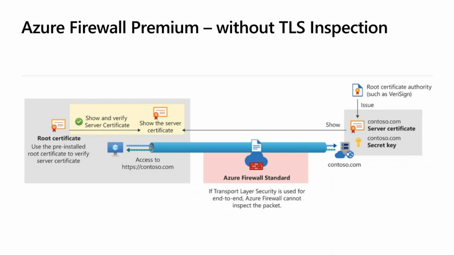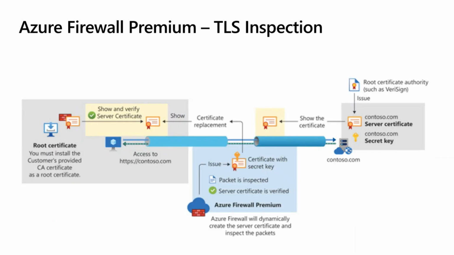So how do we help this scenario? How do we make sure malware doesn't reach our environment? That's the use case for TLS inspection. That's what TLS inspection does. Now let's take the scenario. On the left side, the client is sending encrypted traffic to my server, or the VM is sending to a server, contoso.com.